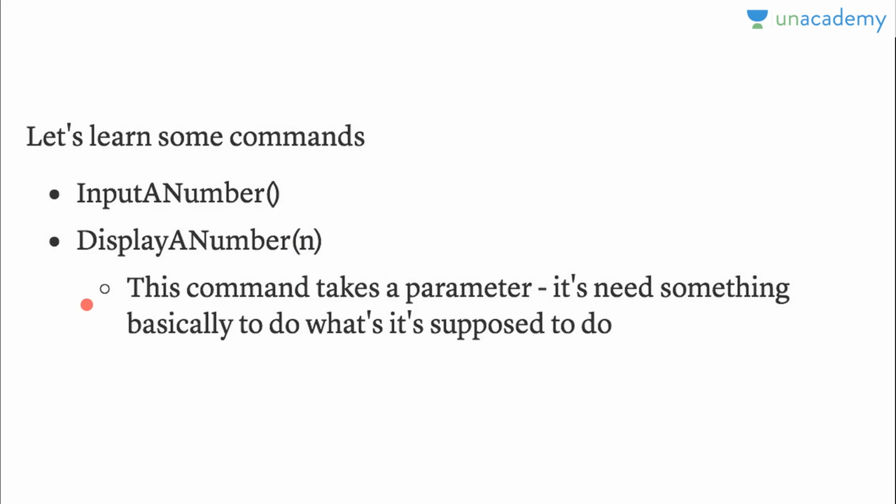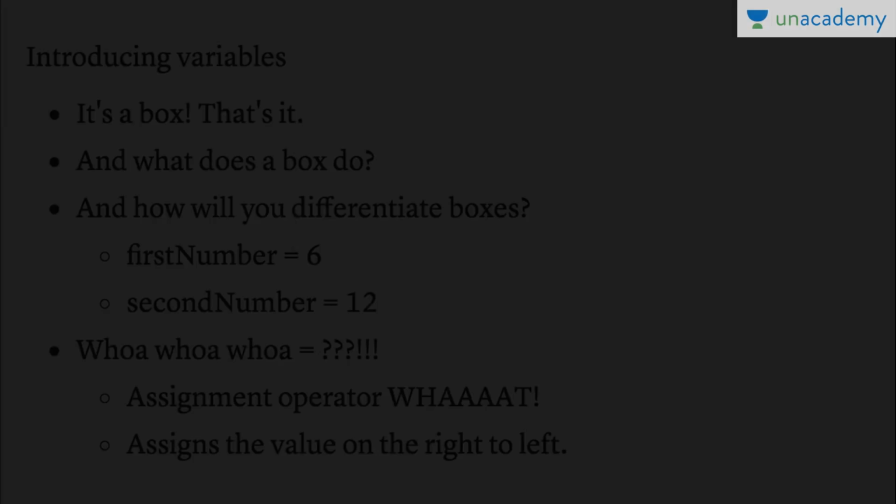So we'll worry about what n is in the next slide, but you need to remember that this particular command takes a parameter. Don't get confused. A parameter is something it needs to do what it's supposed to do. To display a number, it needs n, which is the number that it needs to display.